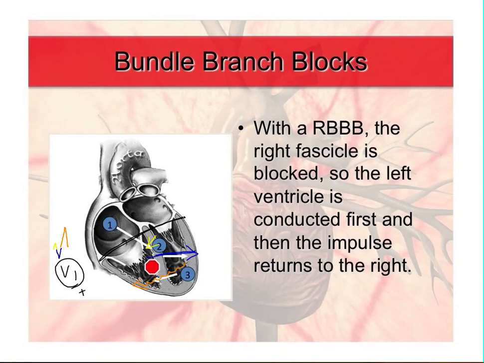So if ventricular depolarization is taking longer, it's going to widen the QRS complex. So this ends up looking something like this, which is called an RSR prime. A lot of people know this to be bunny ears. See, I'll draw my little bunny ears. And that's what you typically could see in lead V1 with a right bundle branch block.